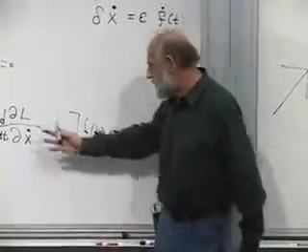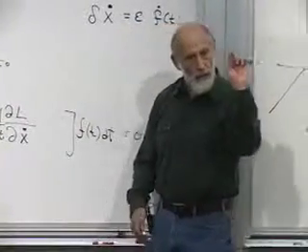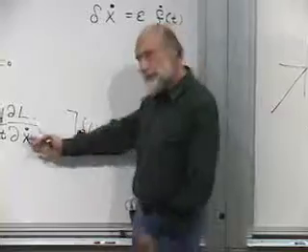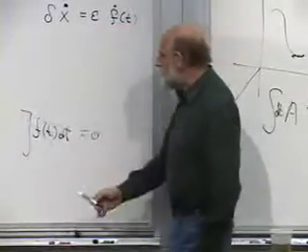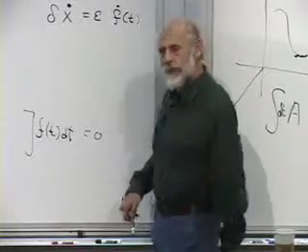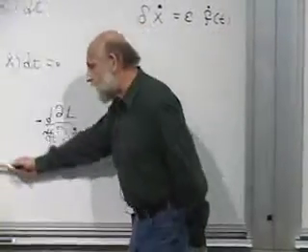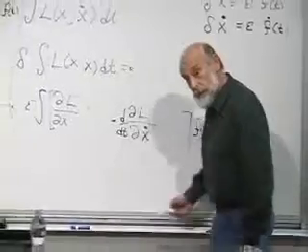F not equal to 0, this thing not equal to 0, over a small enough range, we'll get something not equal to 0. So the only way that an integral like this can be 0 for every possible f of t is for the integrand, the thing in the bracket, to be 0.